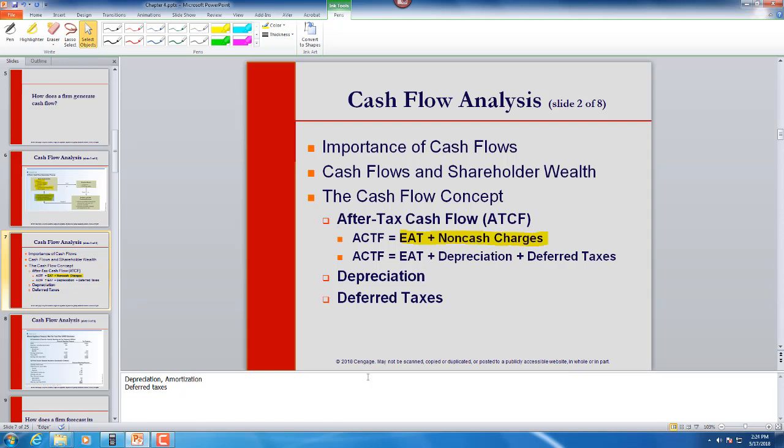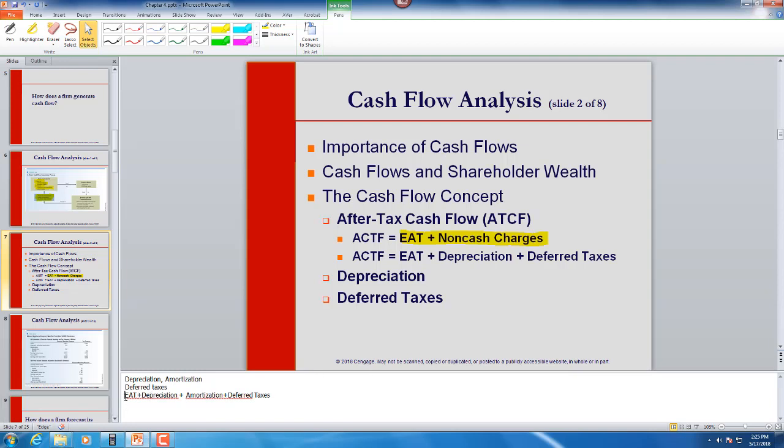So essentially what you have here is earnings after taxes plus depreciation, in case it's there, amortization, plus deferred taxes. This textbook does not consider amortization. I expect you to.